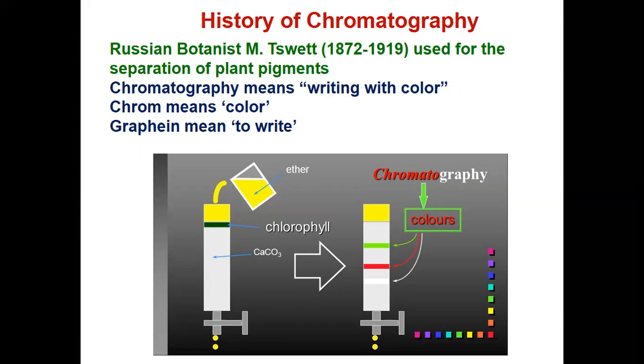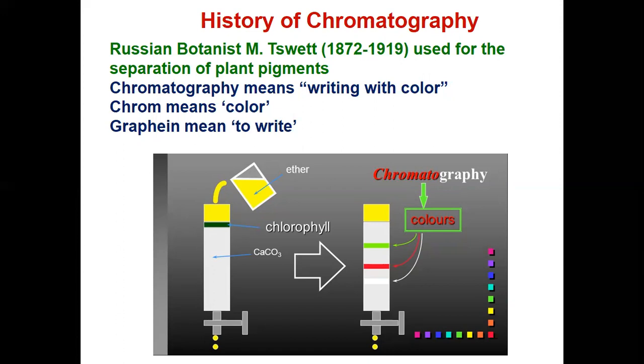To check the number of components present in the leaf extract, he prepared a glass column filled with calcium carbonate, and the extract of plant pigment made in ether was placed at the top of the column.